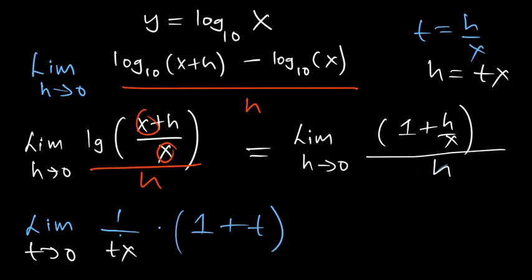So I've already shown how you can separate the t and the x. You can have 1 over t, 1 over x, 1 plus t.